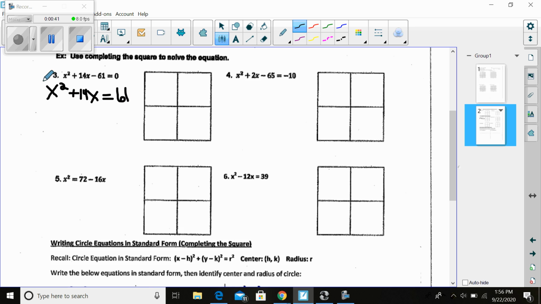Okay, so we're completing the square using this. Just like we did with the algebra tiles, the x squared piece was laid out, and then we have 14 x pieces.